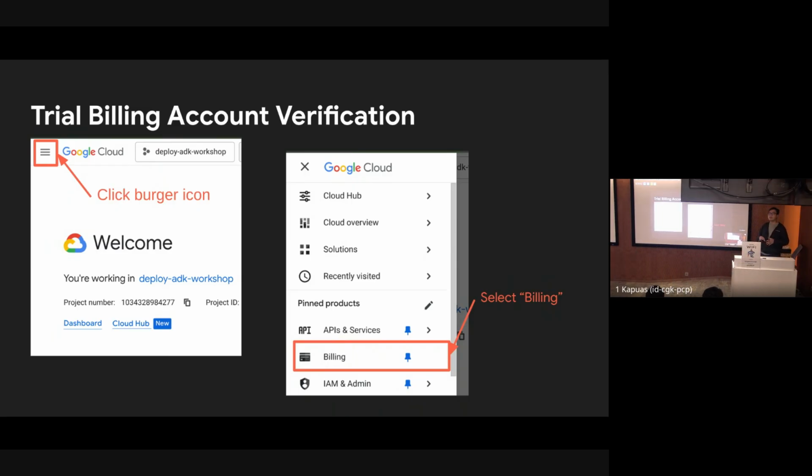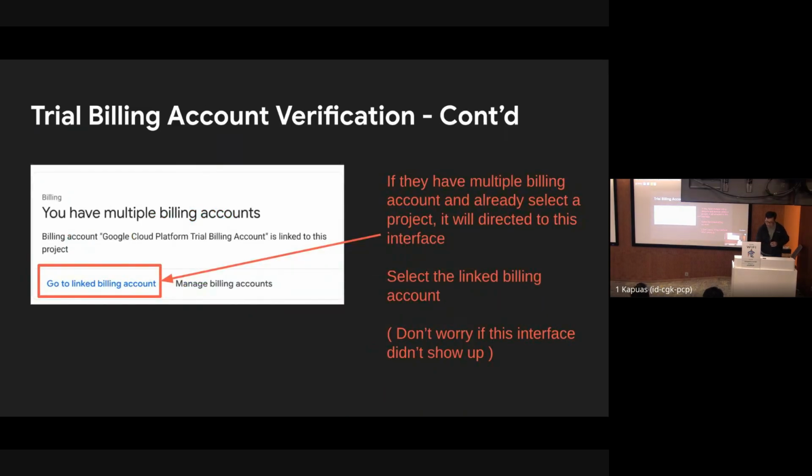Ini kemungkinan karena namanya sama-sama trial billing account ya. Jadi teman-teman yang sebelumnya sudah pernah ngeklaim cloud credits akan masuk ke halaman seperti ini, link billing account. Nah, nanti akan muncul namanya Google Cloud Platform trial billing account.